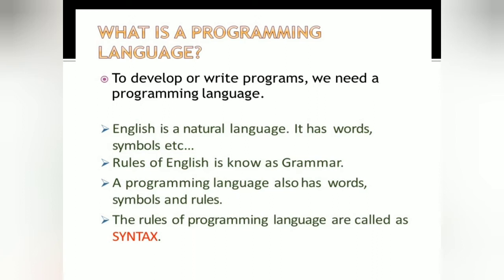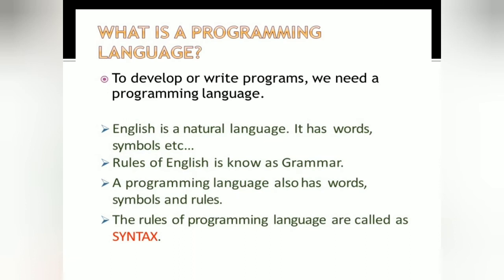For example, if I say write a short essay or write a notice in English, you will be using the English language, right? So if you want to write a program in computer, then we need a different language that is known as a programming language. We all know that English is a natural language. It has its own grammar, words, and symbols.